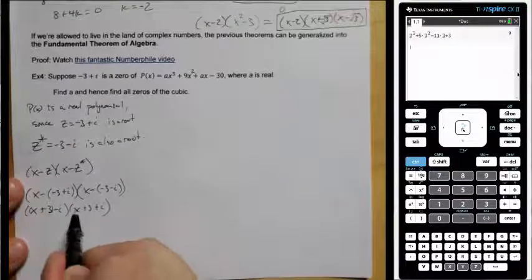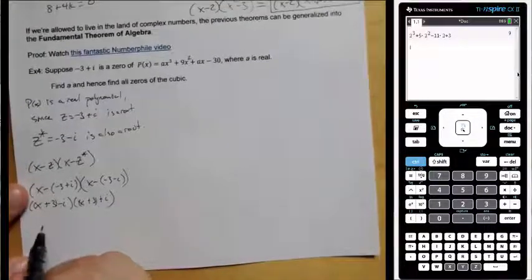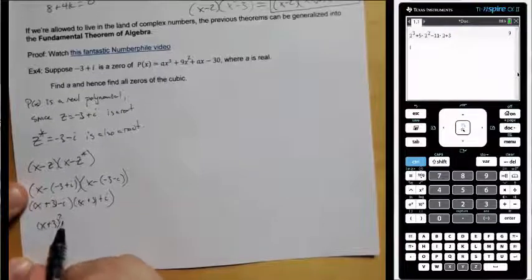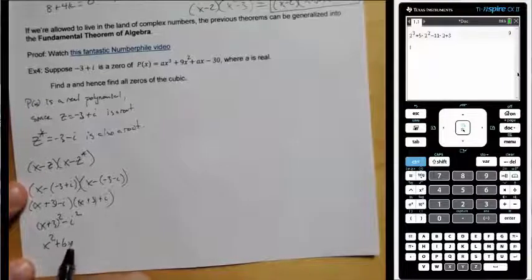If I do my trick of turning this into a difference of two squares, this is equal to x plus 3 squared minus i squared, which is x squared plus 6x plus 9 plus 1, or x squared plus 6x plus 10.